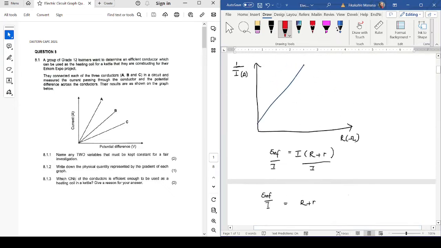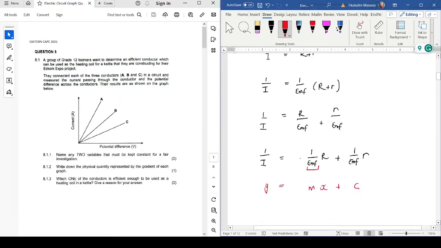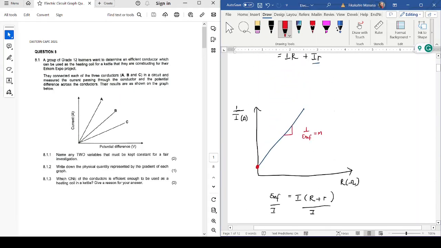So the gradient of this graph would be 1 over EMF. That's your gradient. And then what would be your y-intercept? Your y-intercept would be r over EMF.